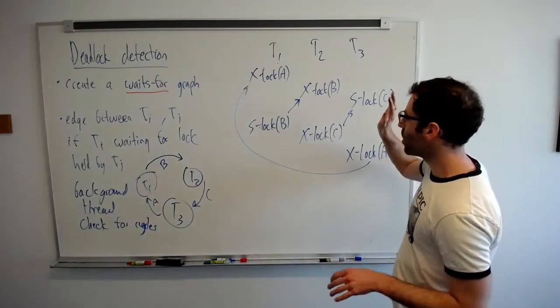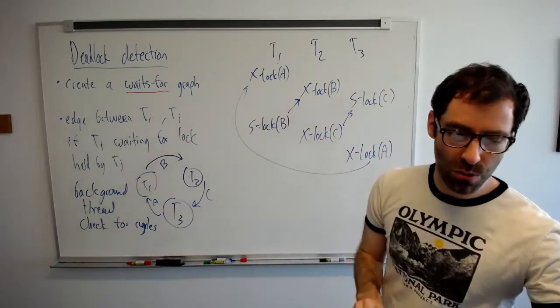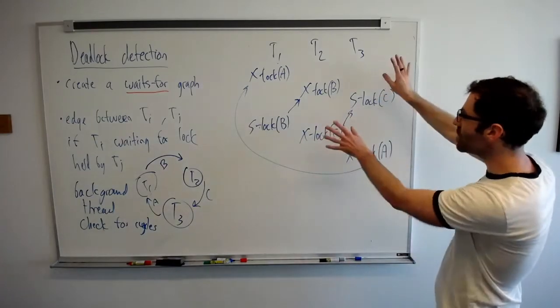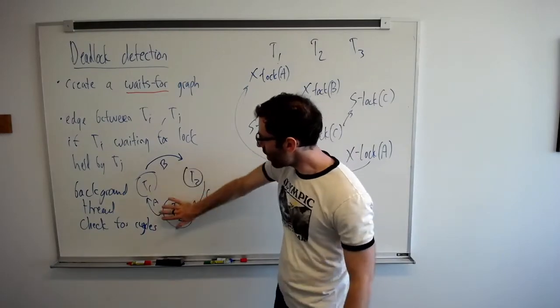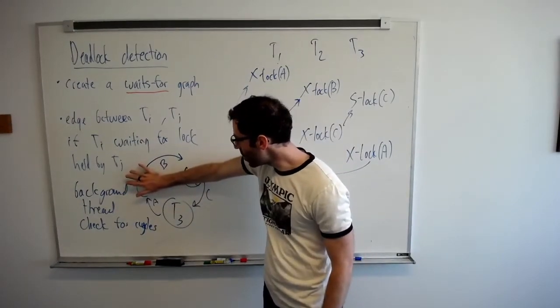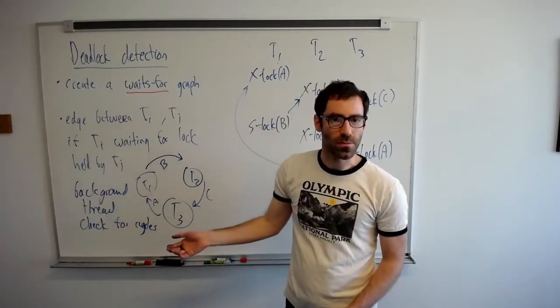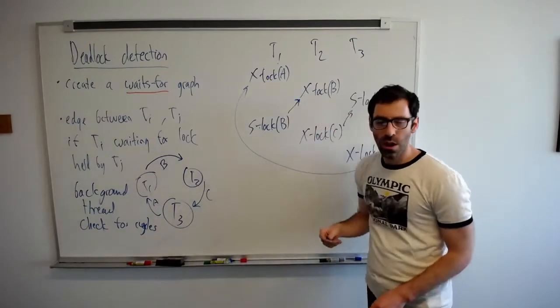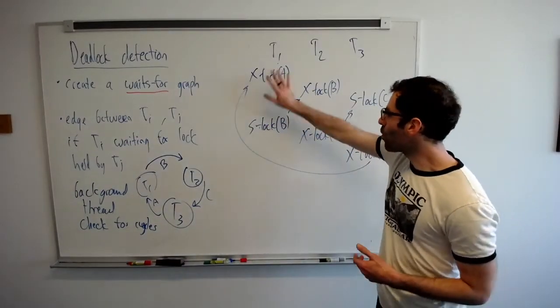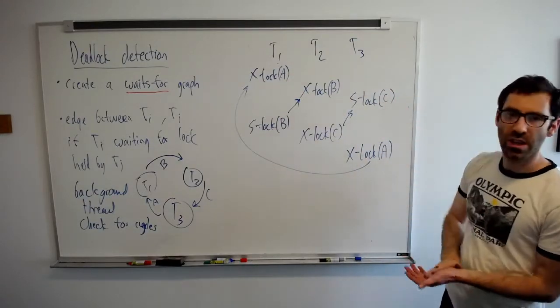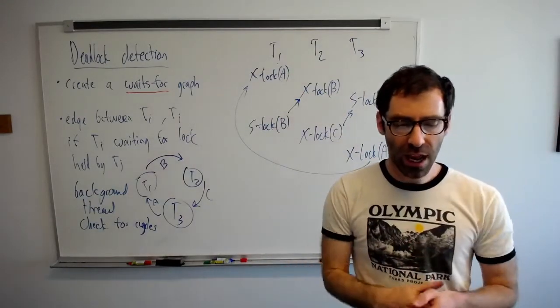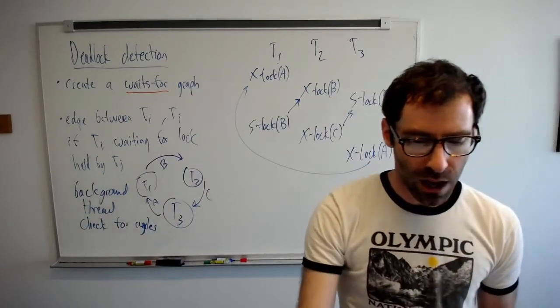Well, we just need to abort, to end one of the transactions involved, because if we get rid of any one of these 3 transactions, our graph no longer has a cycle. And so if we abort one of these, some of the others can make progress, and we'll eventually release locks that others are waiting on, and everything proceeds ahead smoothly.